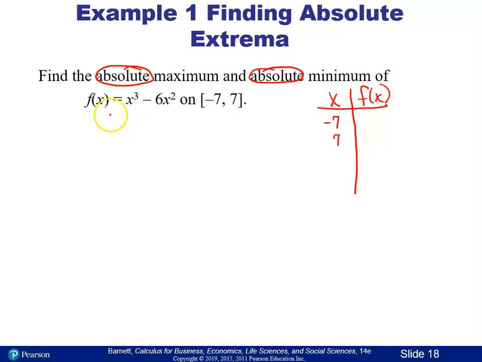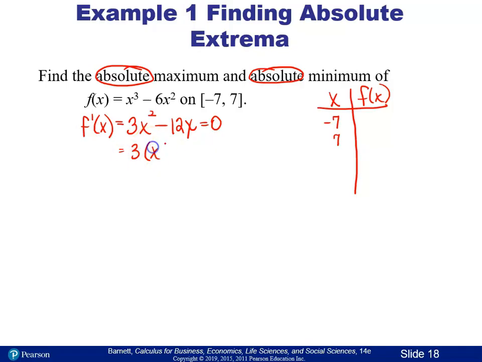And the other place are our critical numbers. To find our critical numbers, I need to find where the derivative is either 0 or undefined. In this case, there are no undefined places, so we just have to focus on where our derivative is equal to 0. The easiest thing is going to be to factor this.